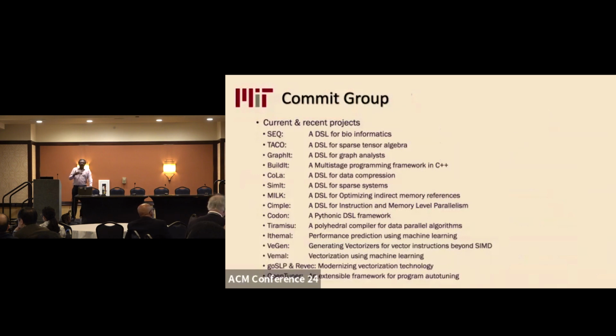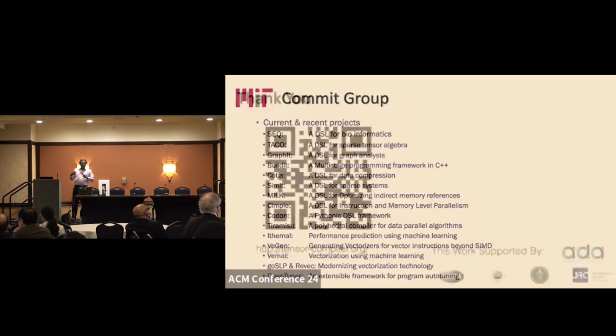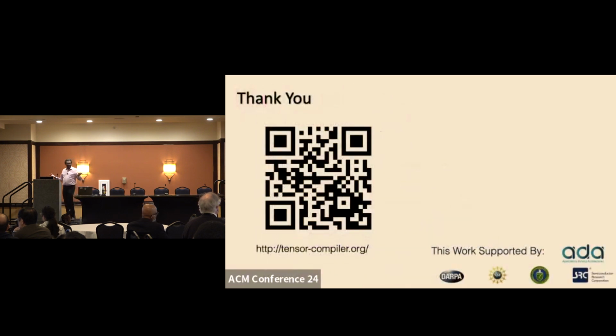And recently, I am also looking at how to use machine learning to make compilers better. Compilers are still built very traditionally. Can you use machine learning to make creating compilers easier? So these are the kinds of research I do. If you are interested, you can go check out information on this website. Let me stop here and thank you everybody for listening.